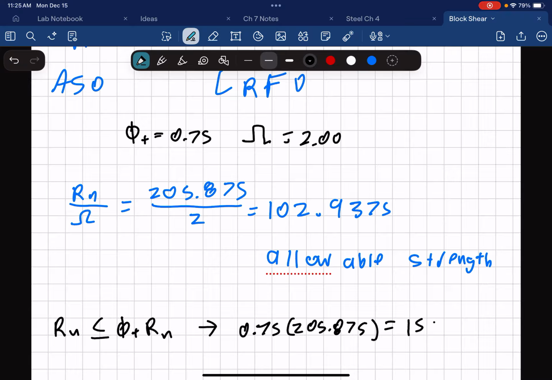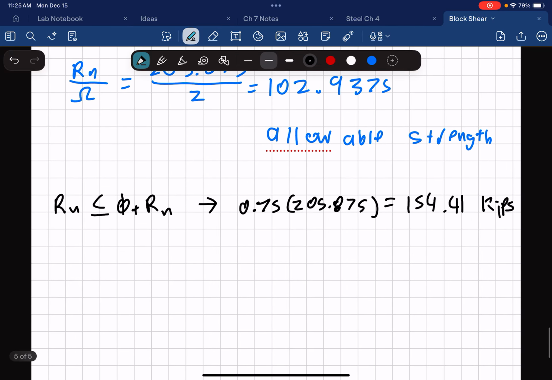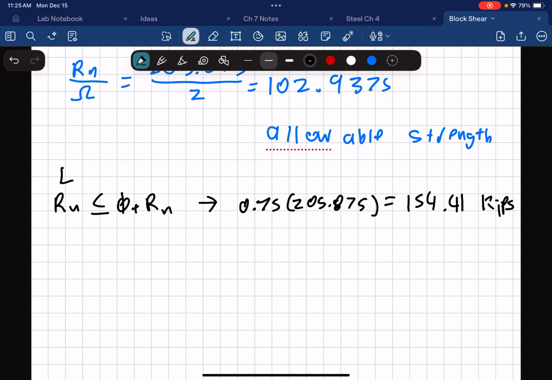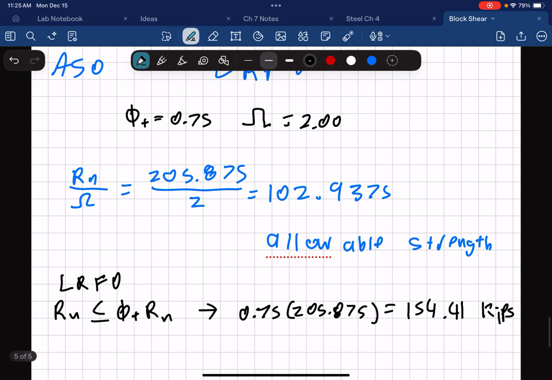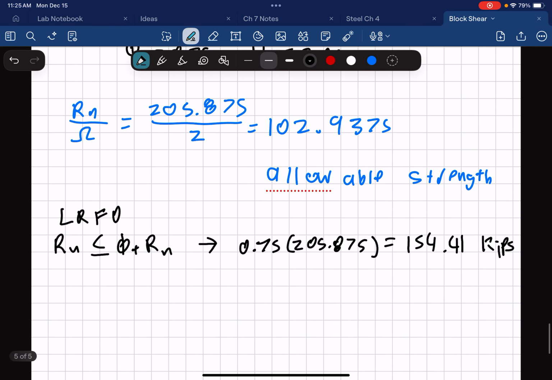It is 100% just based off the member properties, at least for this type of equation. So your sum of the factored loads for LRFD would have to be less than or equal to 154.41 kips, and for ASD, your allowable strength is 102.937.